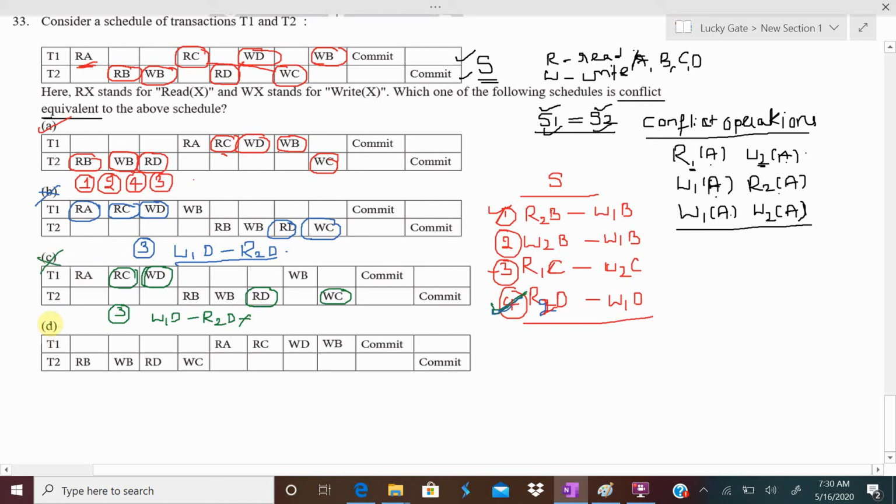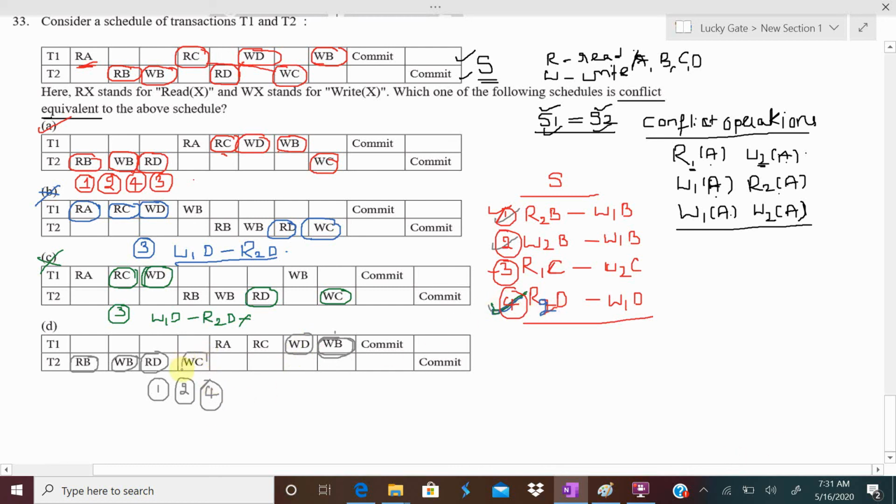Now coming to option D. The conflict here is read 2B conflict with write 1B. The first conflict is there. And write 2B conflict with write 1B. That is conflict 2, also present. And read 2D conflict with write 1D. Read 2D write 1D, that is the fourth conflict, also present.